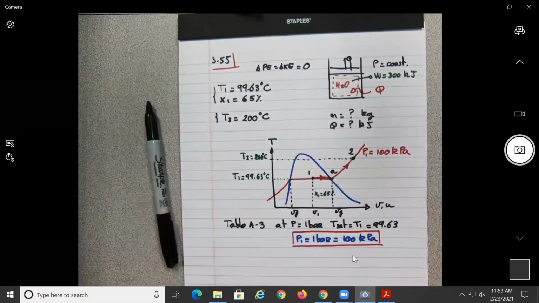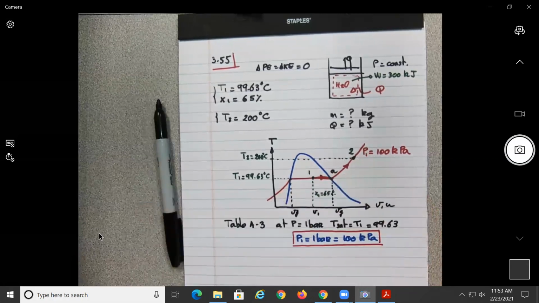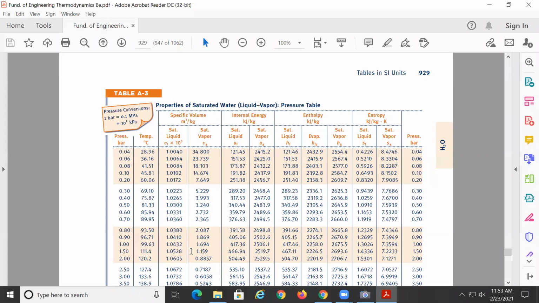So table A3 at 1 bar, what do we have? Let's first start by V gas. V gas equal to what? 1.694. Okay, what takes more space? Gas or liquid water?